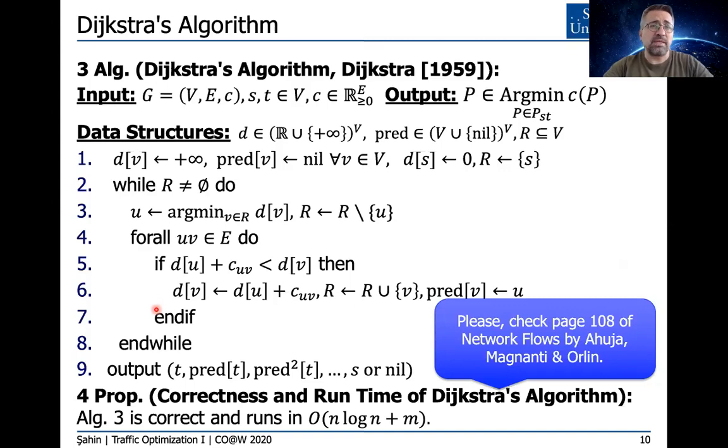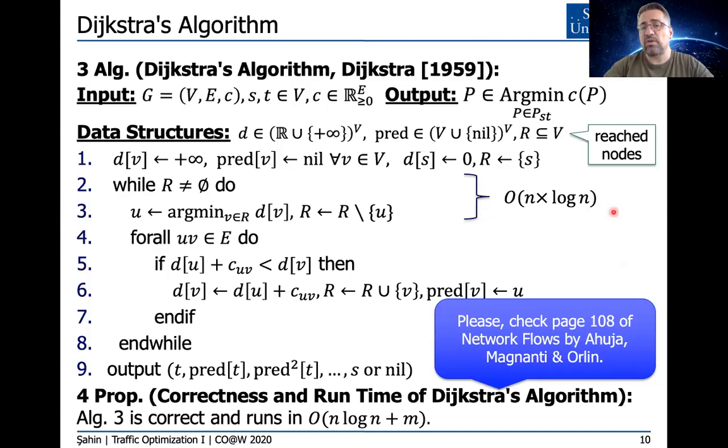So this also means that the algorithm overall makes n iterations, which is equal to the number of nodes. So it makes n selections, as we do here in line 3. This means, in terms of the time complexity of the algorithm, if a minimum label can be selected in log n time, the node selection throughout the algorithm can be executed in order of n log n time.